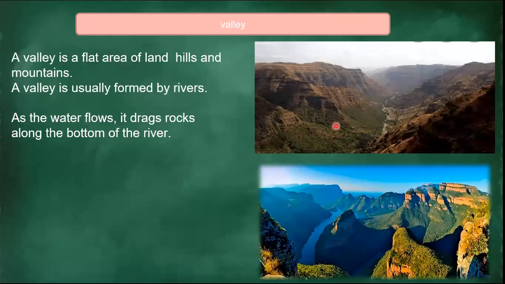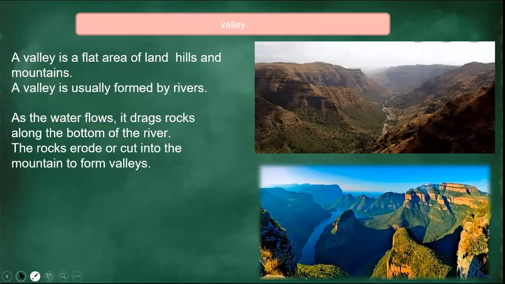That's how hills are made, because the water will drag the rock all the time. The rocks erode or cut into the mountains to form a valley. So the rocks that will be dragged will form a valley.